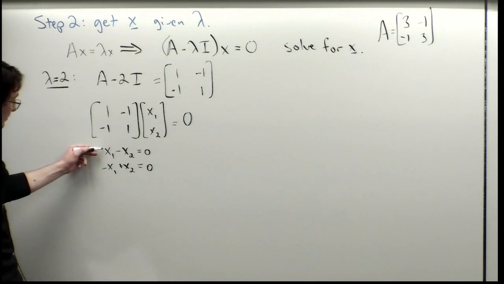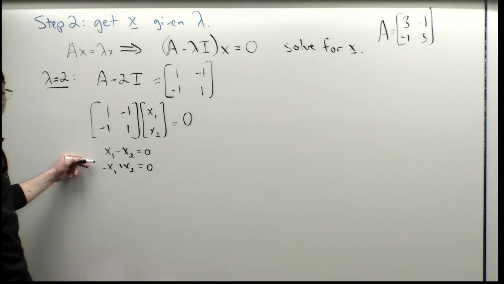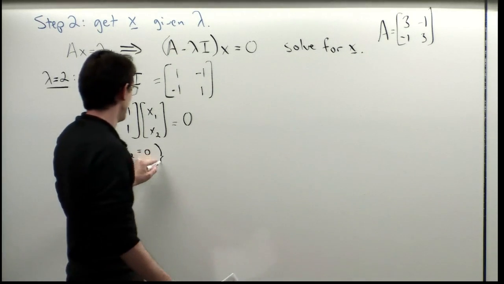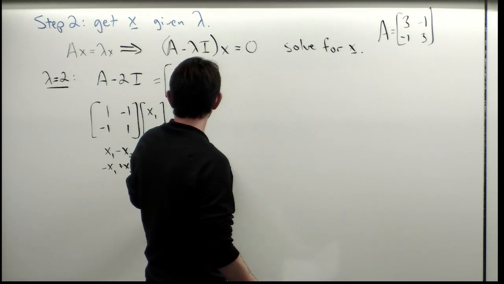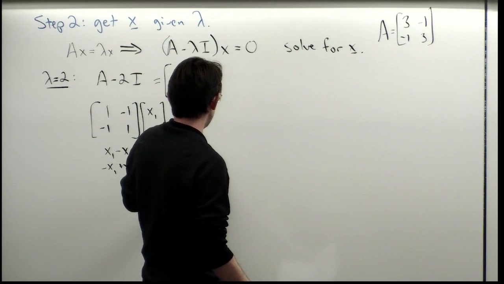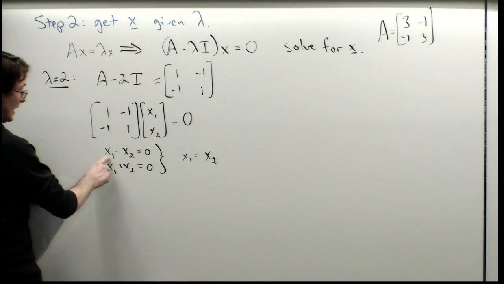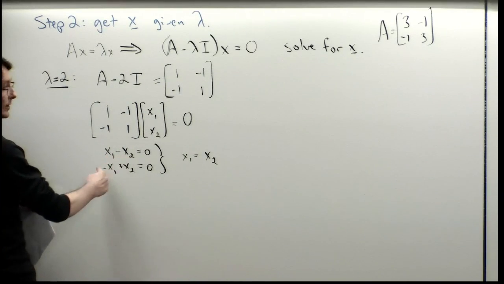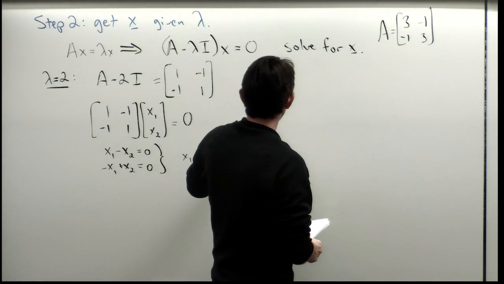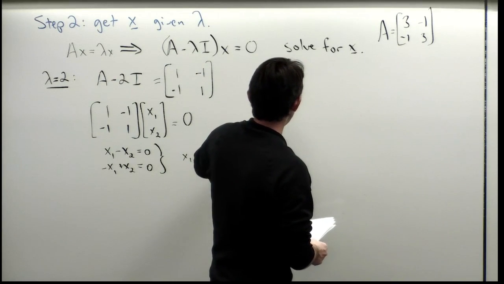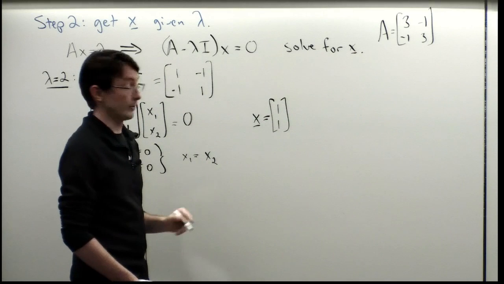Well, both of these equations are satisfied as long as x1 equals x2. So x equals the vector (1, 1) is an eigenvector.